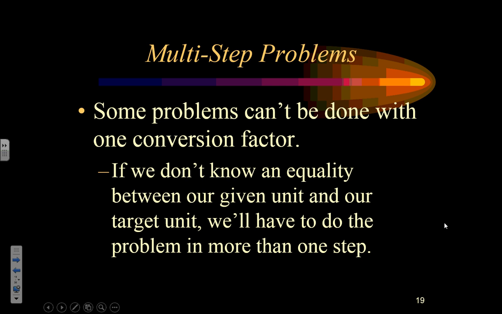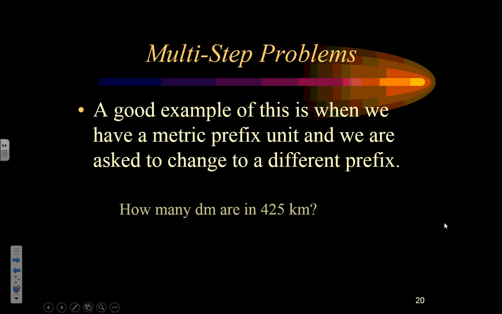If you had 48 seconds and you want to know how many minutes that was, you know how many seconds are in a minute. But in all cases, you won't know between your given and your target the numbers that would make them equivalent. A good example of this is when we have a metric prefix unit and we're asked to change into a different metric prefix unit. Whenever we have that type of situation, we're always going to have multiple steps.